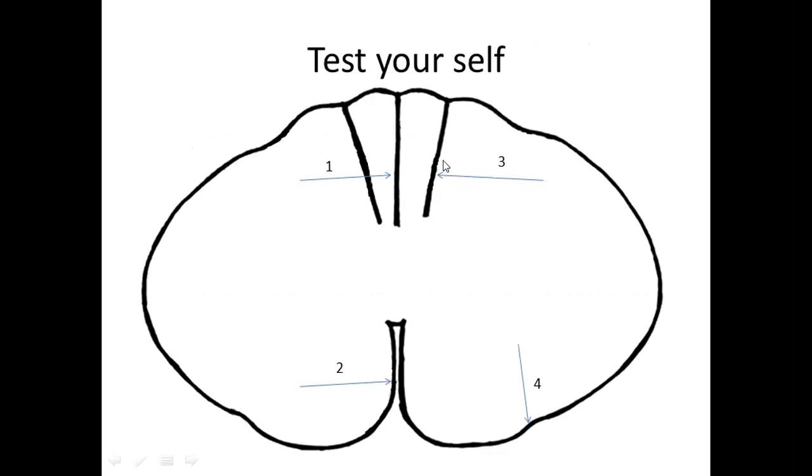Number three, here at the entry of the sensory root, this is the posterolateral sulcus, but this septum is called the posterointermediate septum. Okay, number four here is the anterolateral sulcus.